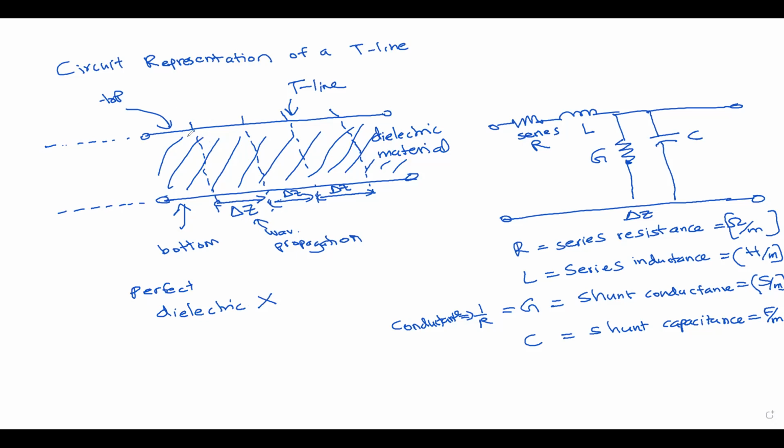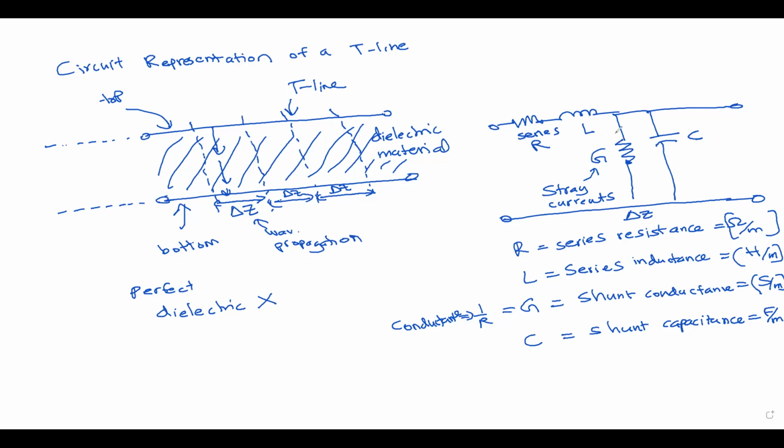The stray currents that flow from the top conductor to the bottom conductor, due to the imperfectness of the dielectric material, are denoted by the parallel resistor G. The dielectric material cannot provide infinite resistance to the stray current, but it will have some finite resistance. We denote that resistance using G.